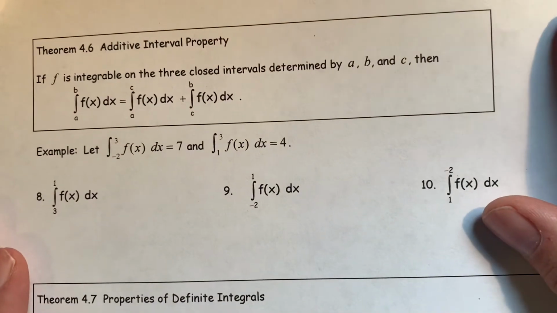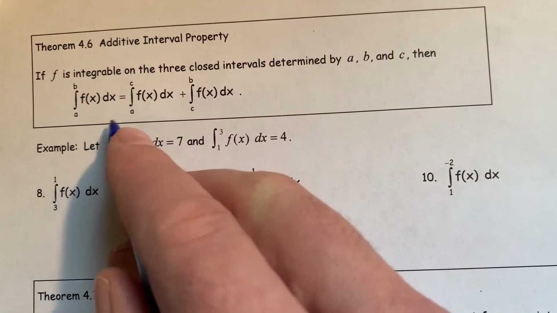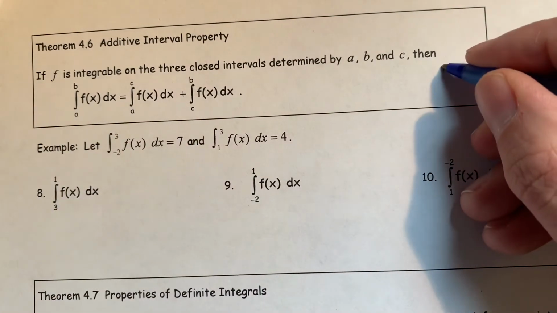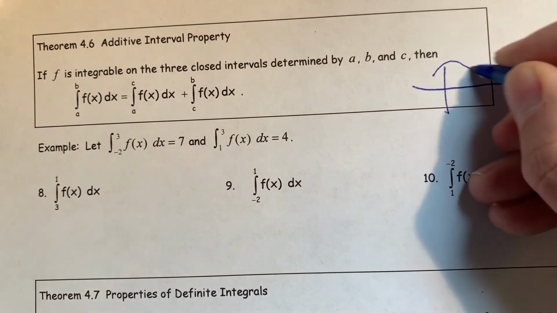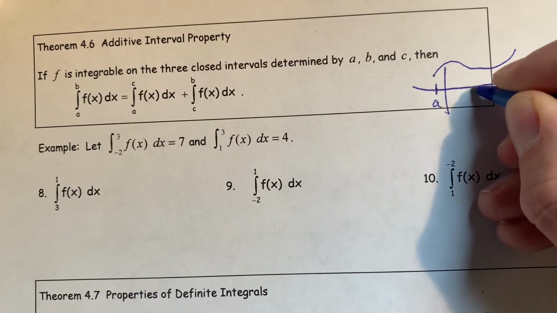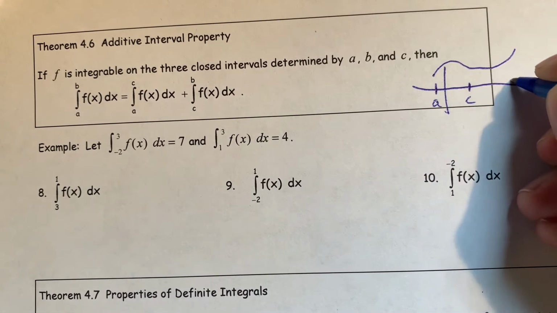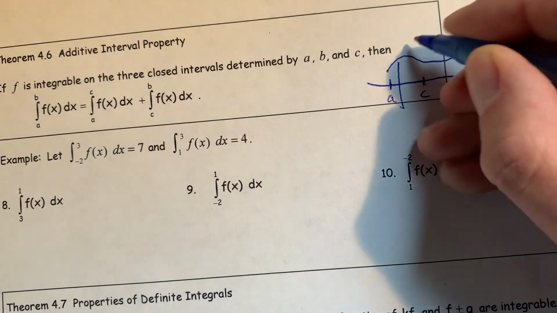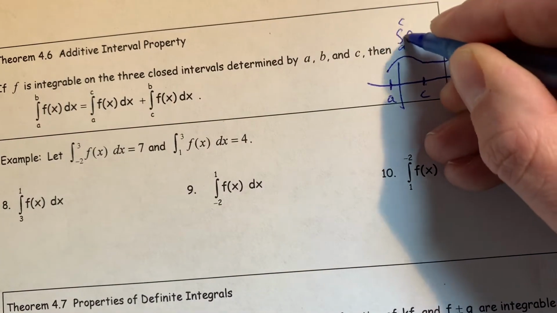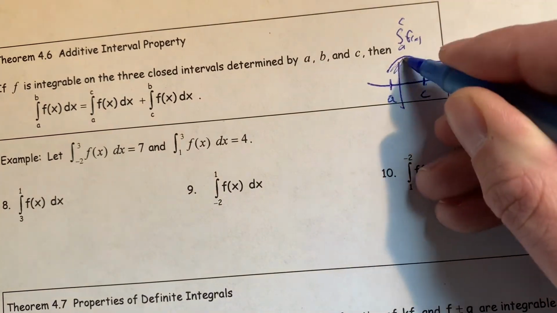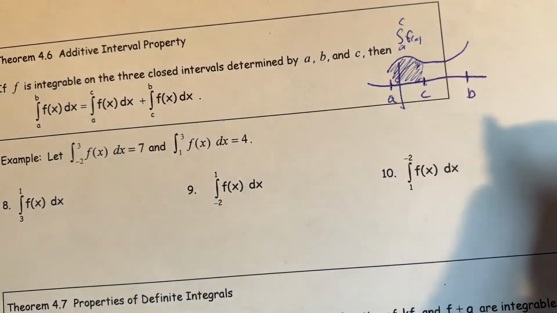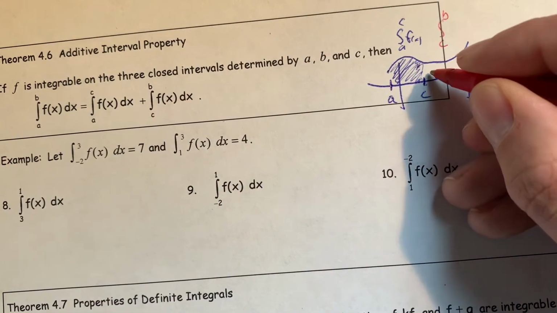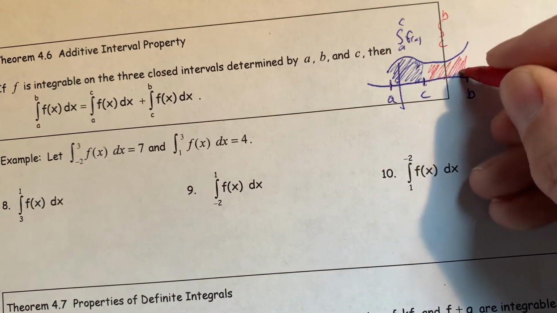Another property of integrals, and this should make sense, is that if we have a, c, b, then the integral from a to c is going to be this, and the integral from c to b is going to be this.